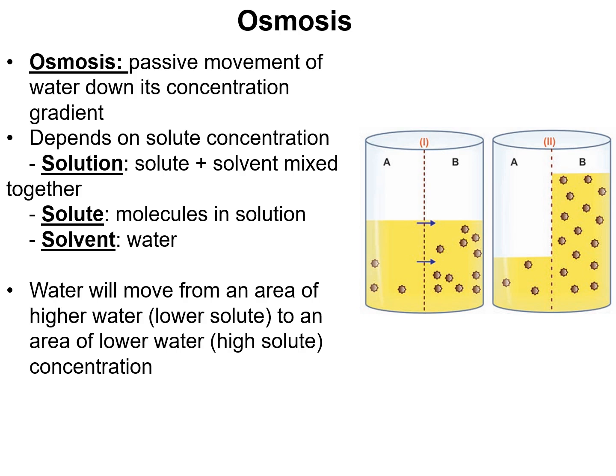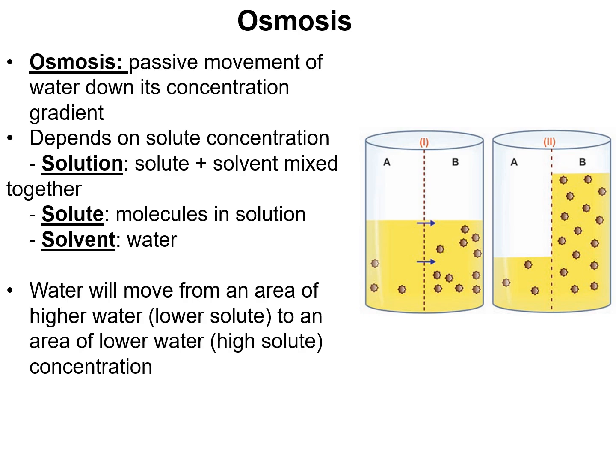So the water will move from the area of low solute to the area of high solute, or from the area of high concentration of water to the area of low concentration of water. This is the process of osmosis. For example, the volume of water here in A is more than in B, so it will move from the high concentration of water to the low concentration of water, or from the area of low solute concentration to the area of high solute concentration.